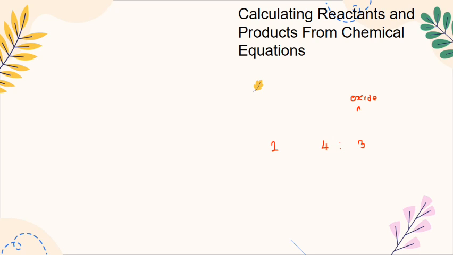Overall, it's going to be economically viable for them to go into production. So we can actually calculate the amount of reactants or products from just the chemical equation. So let's go.